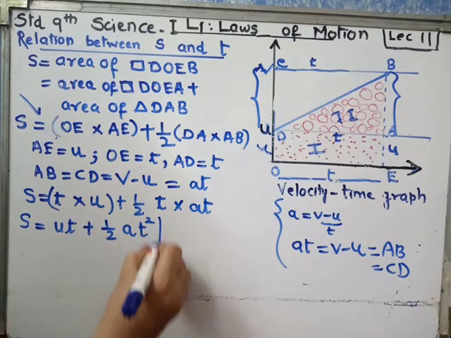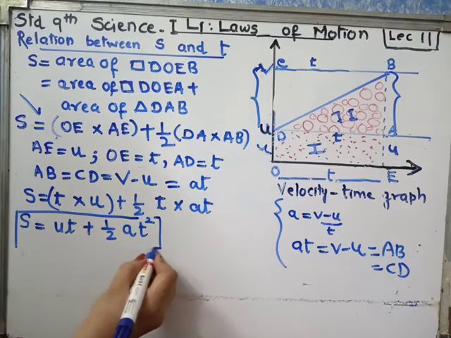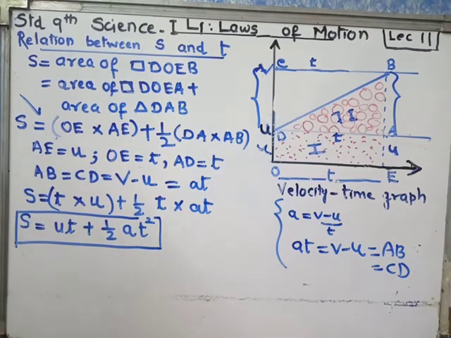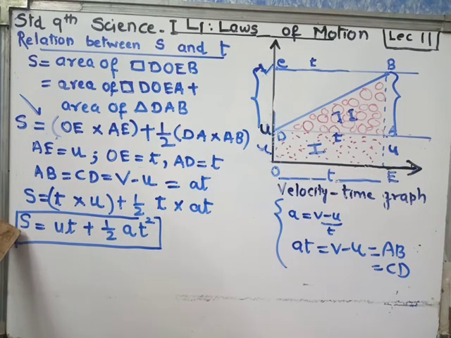Newton's second equation of motion is S is equal to UT plus half AT square. This equation describes the relation between displacement and time. Here displacement is denoted by small s and time is denoted by t.